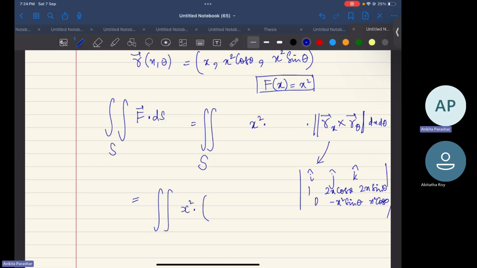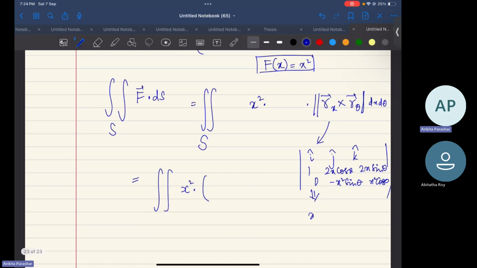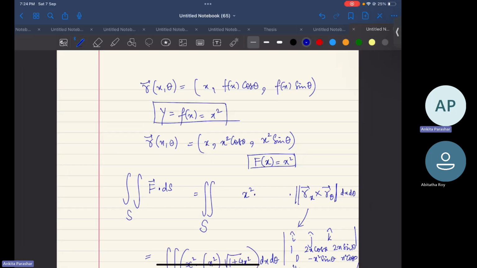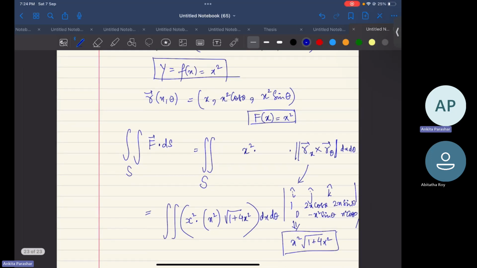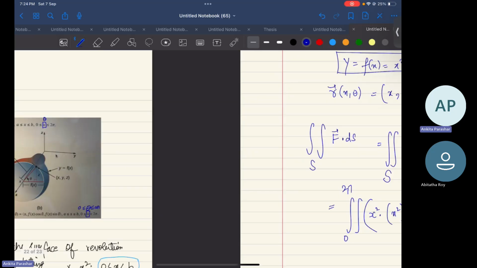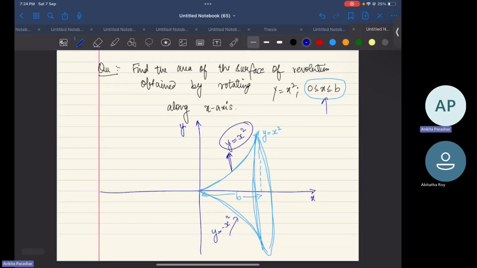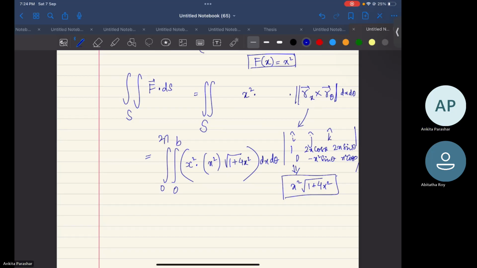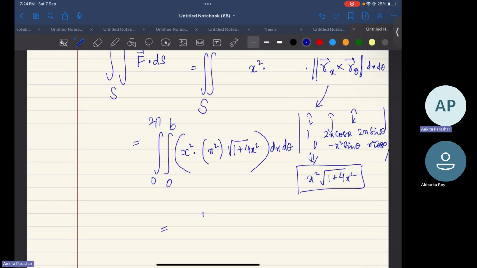So it would turn out that the norm of this, I will directly write, will be x square times square root of 1 plus 4x square, times dx d theta. You know the limits: theta is from 0 to 2 pi, and x we know is from 0 to 2. I think it can be solved, I'll just leave it.